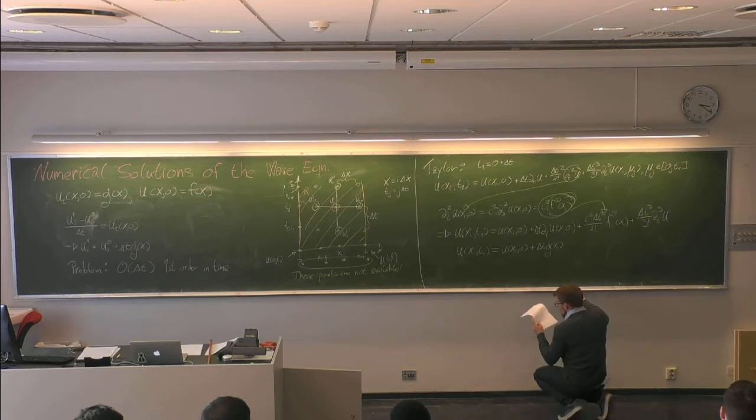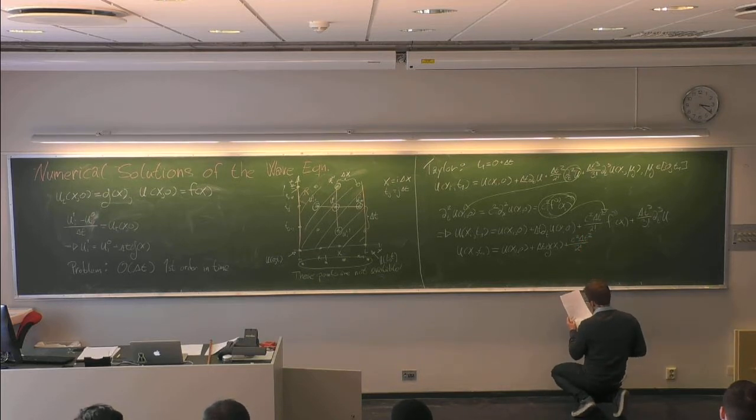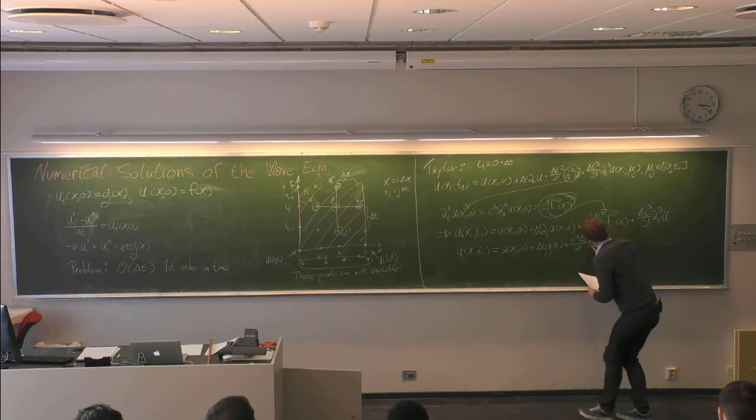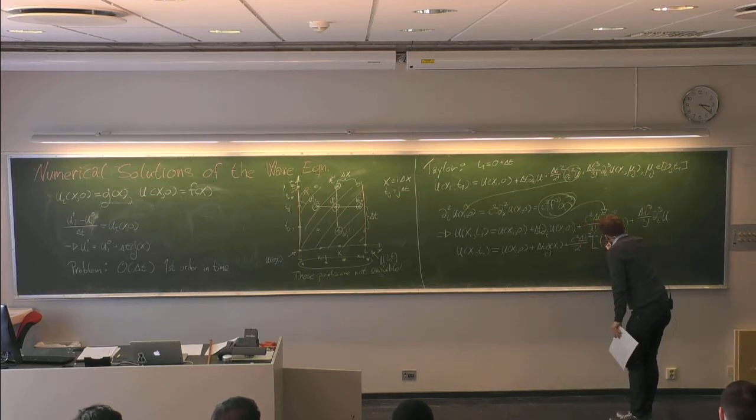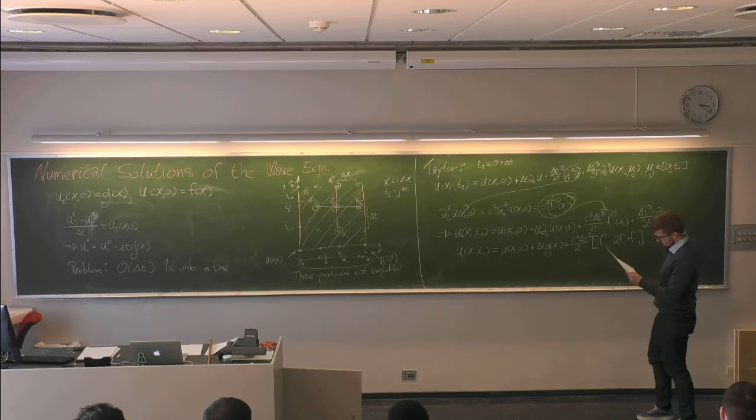That's our starting condition, plus c squared t squared over 2 factorial, or just 2, f x plus minus 2 fi plus fi minus 1. Yep, like so.